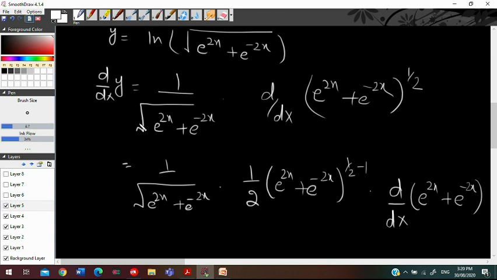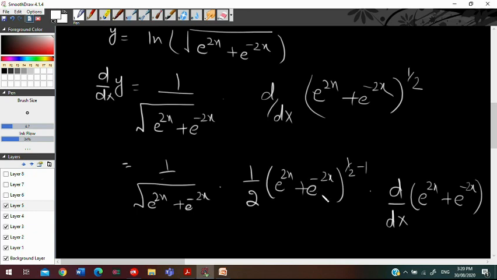Now you can see, when we differentiate the log function, we write 1 divided by this whole argument, and then the derivation of the argument. In the second step, this function will remain the same, and we first solve the power of this factor, bringing 1 by 2 over here, and then without touching the inner part we subtract 1 from the original power.